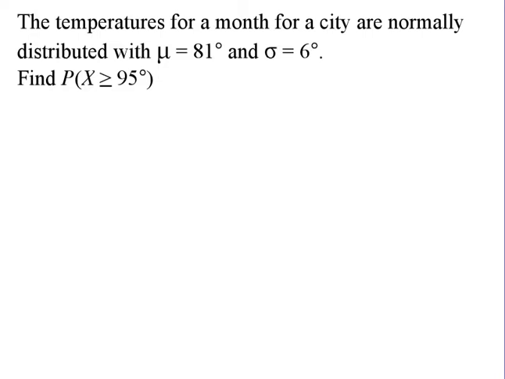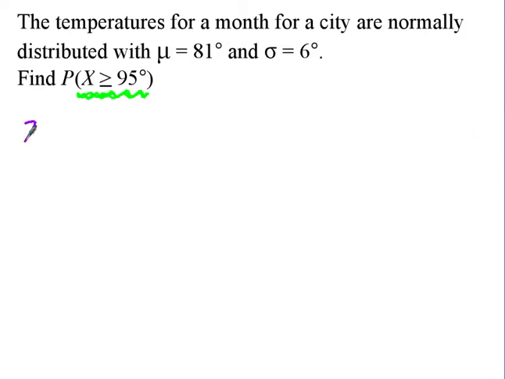The temperatures for a month for a city are normally distributed with the same mean of 81 degrees and sigma of 6 degrees. Now notice the difference in this one is that we're looking for the probability that x is greater than 95 degrees. So we're trying to figure out if we want a value bigger than 95, what percent of the time will that occur?